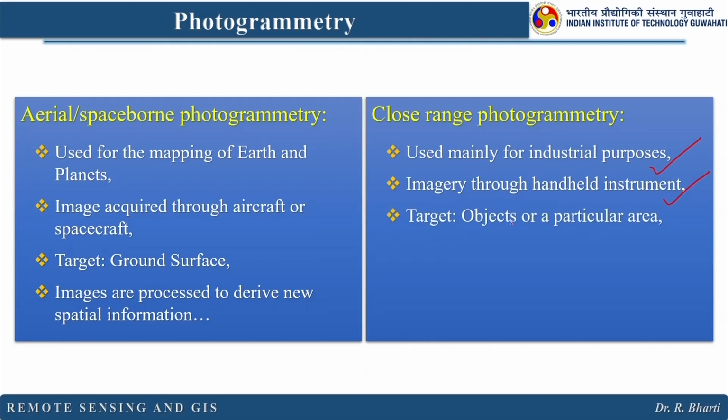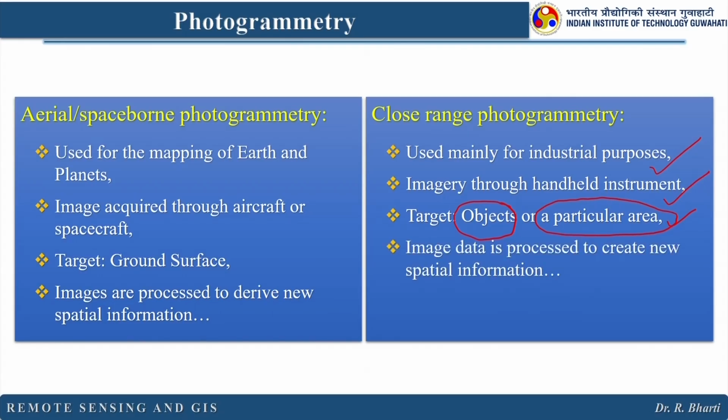The target can be any object, not only the ground surface, and you can also focus on a particular area. Here also, if you process these images, you can derive spatial information about that target very easily.